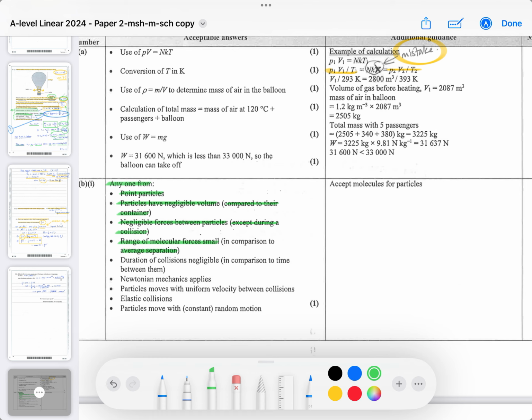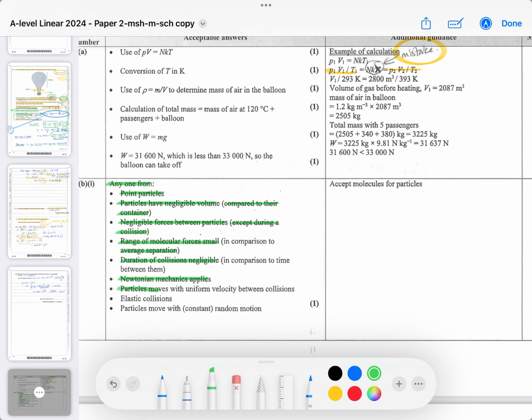In other words, we can ignore it, again, unless you have high density, high pressure where they come close. And the duration of collisions is negligible, so we can ignore it in comparison to the time between them, and we can use Newtonian mechanics.